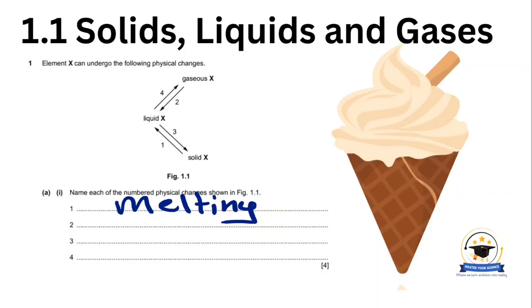Number 2 shows the change of state from gaseous state to liquid state. This is condensation. Number 3 shows the change of state from liquid state to solid state. This is freezing.